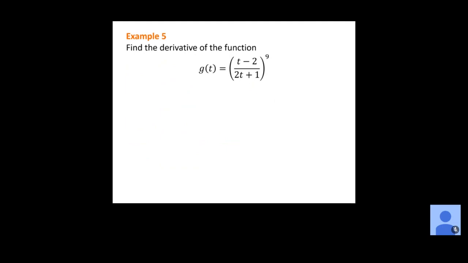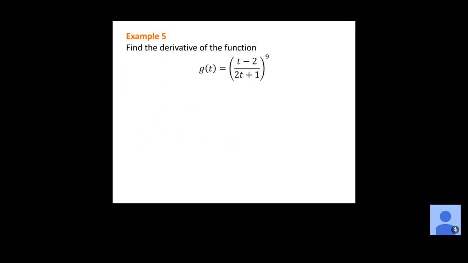All right, so let's take a look at this one now. So we have g of t equals t minus 2 over 2t plus 1, all raised to the 9th power. All right, now this time, there's not really anything we can do to simplify this one.